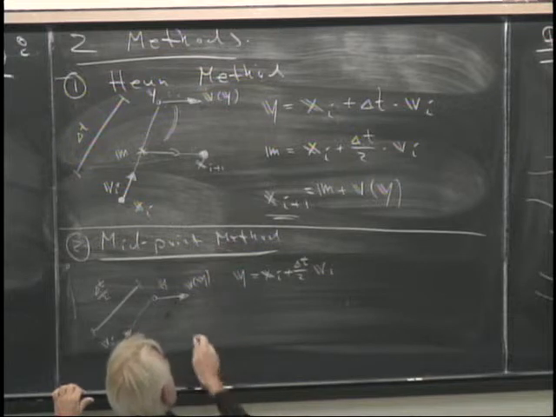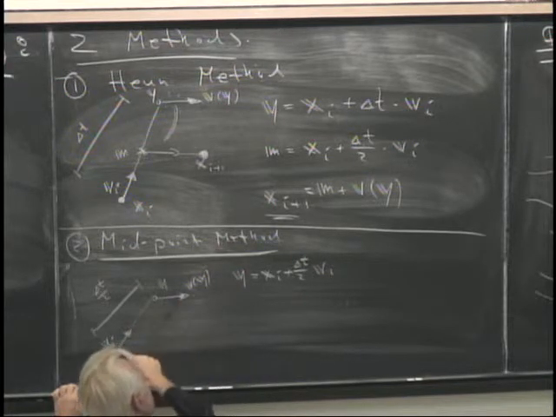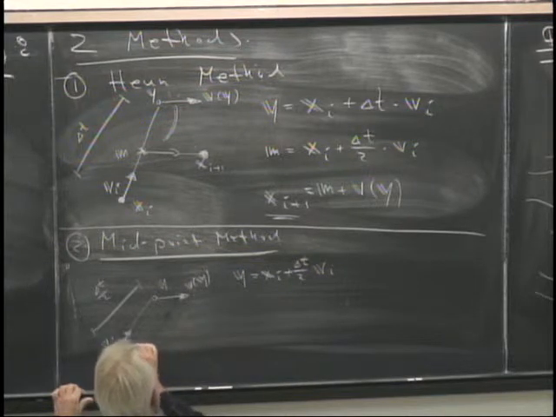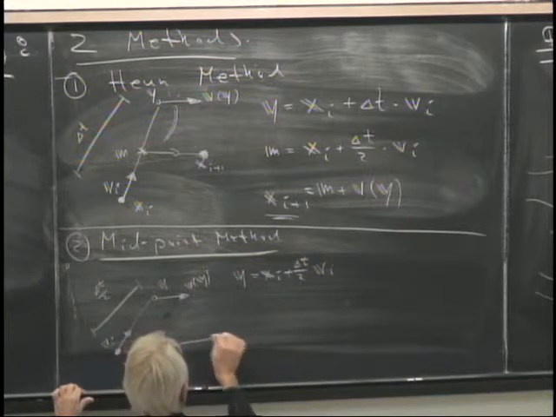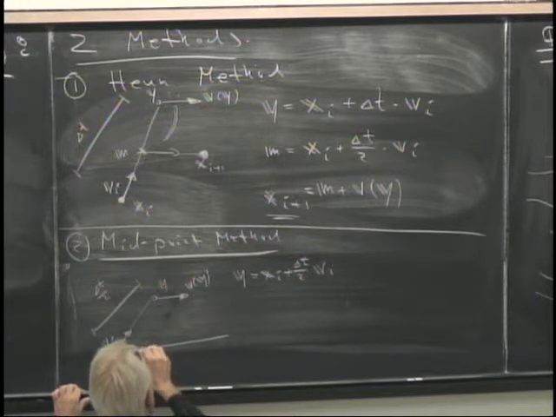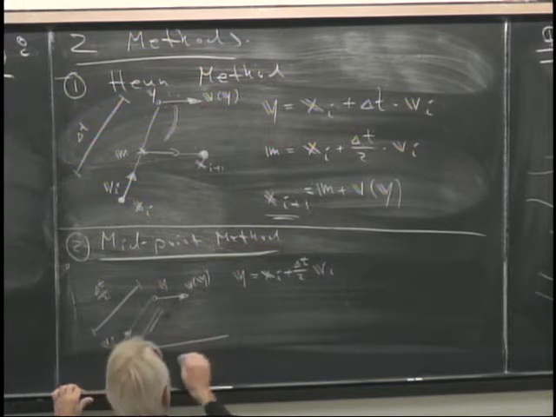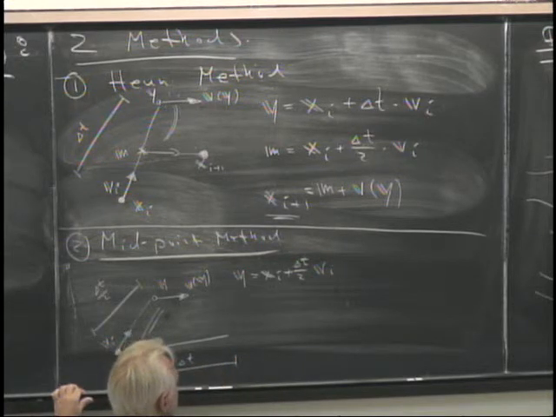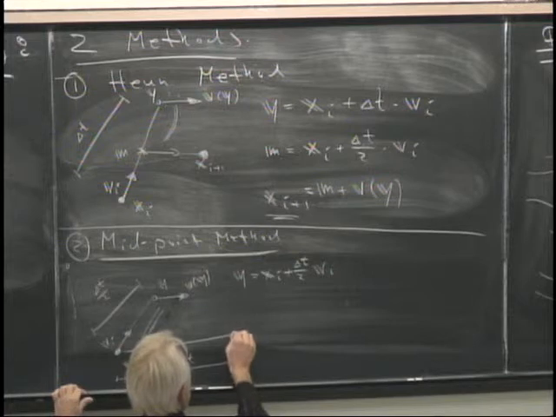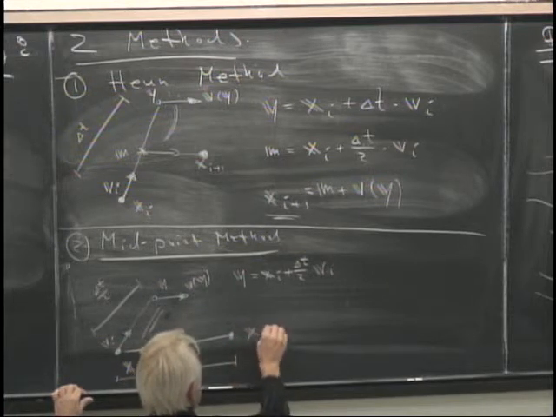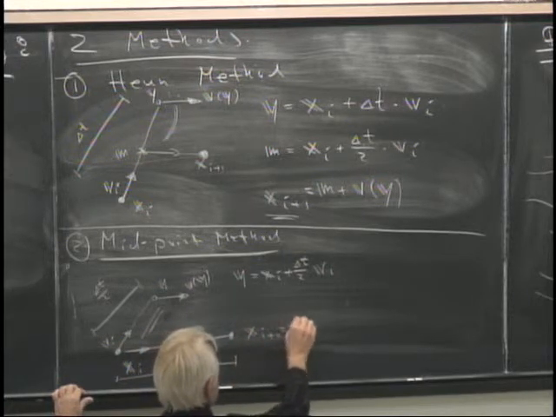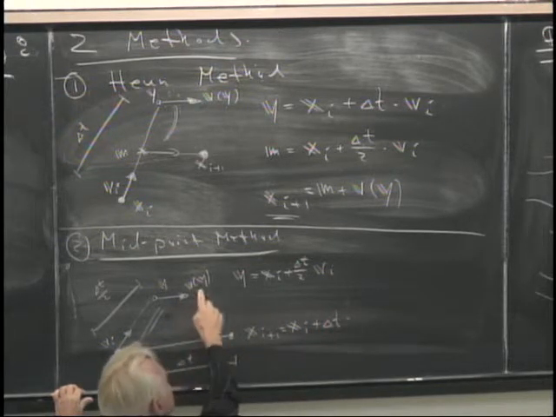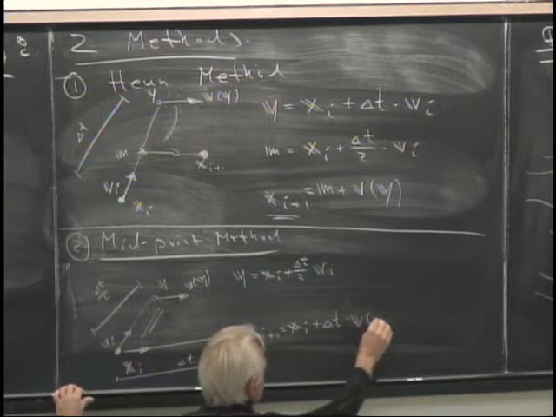Then I use this velocity, apply it here, and march in this direction for all of delta t. These two vectors are the same, and I march for the entire time step duration delta t and get this point. So xi plus 1 equals the previous point xi plus the entire time delta t times the velocity at the helper point y.